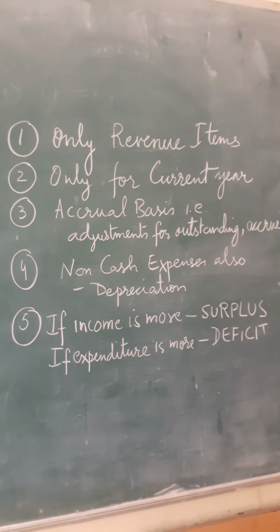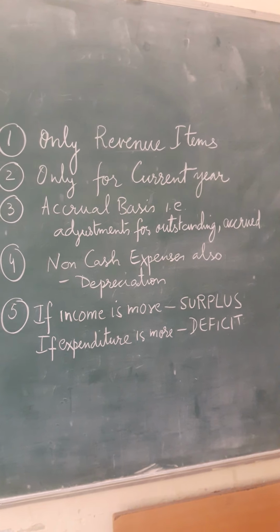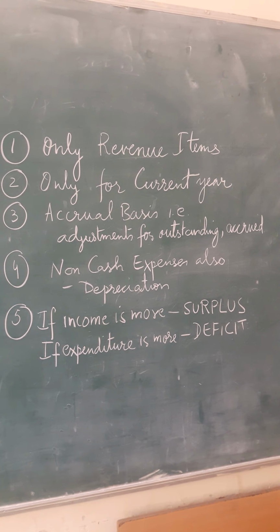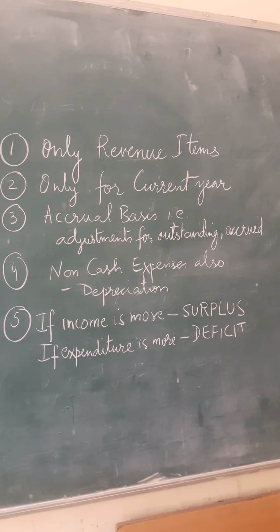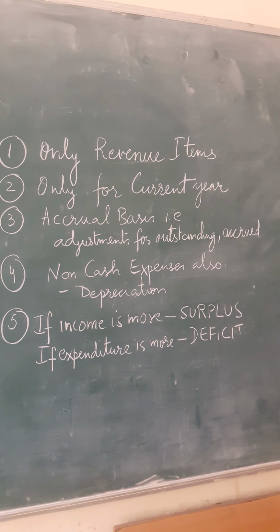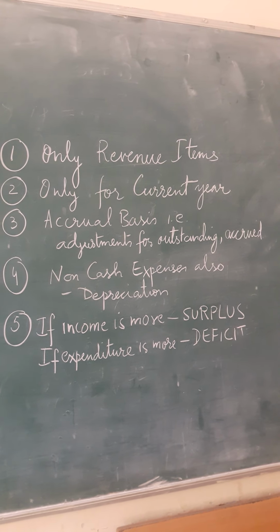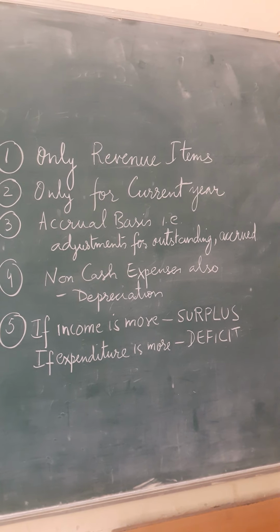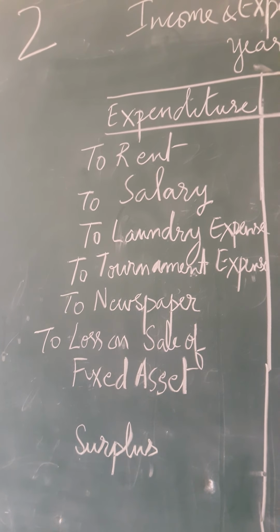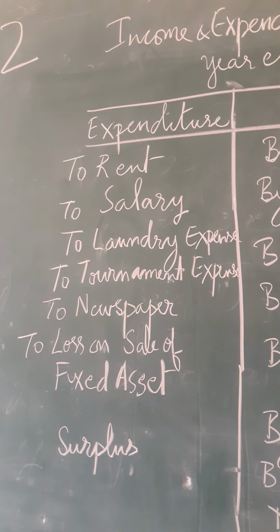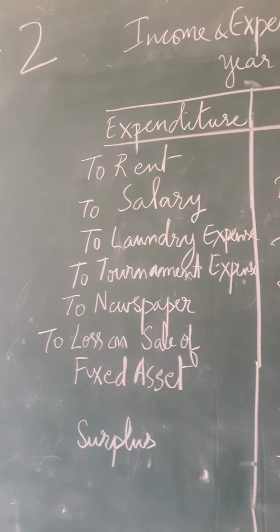We move to the general features of an income and expenditure account. Very important first one, only revenue items will be shown here. Capital transaction, any transaction capital in nature like buying or selling a fixed asset will not be shown. Remember, we are only showing loss on sale of fixed asset, or in case there is any profit, we'll show it on the income side.